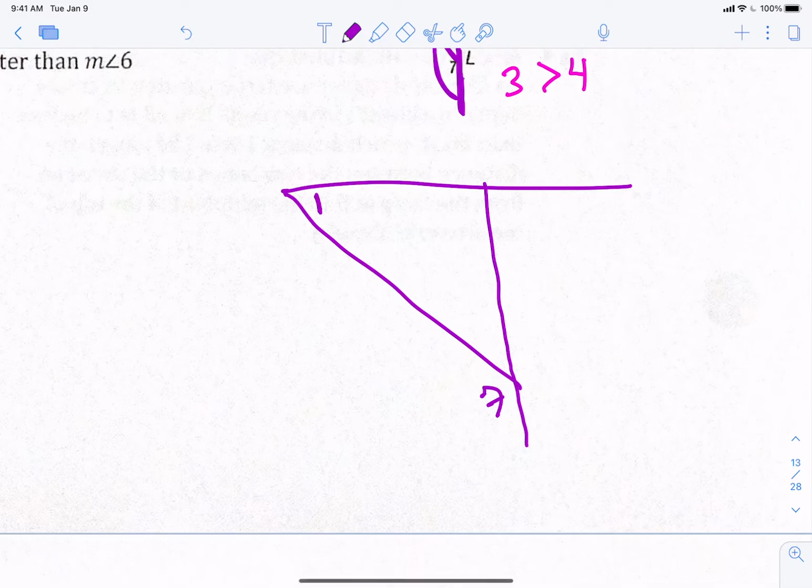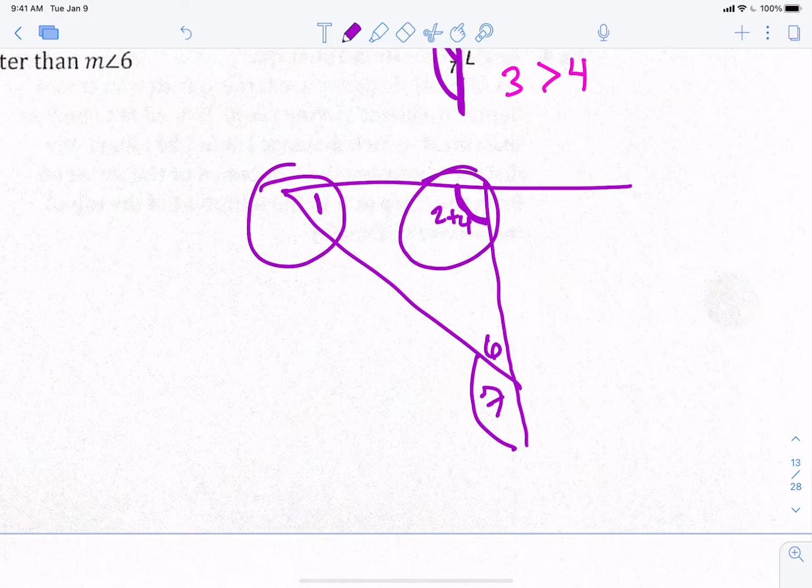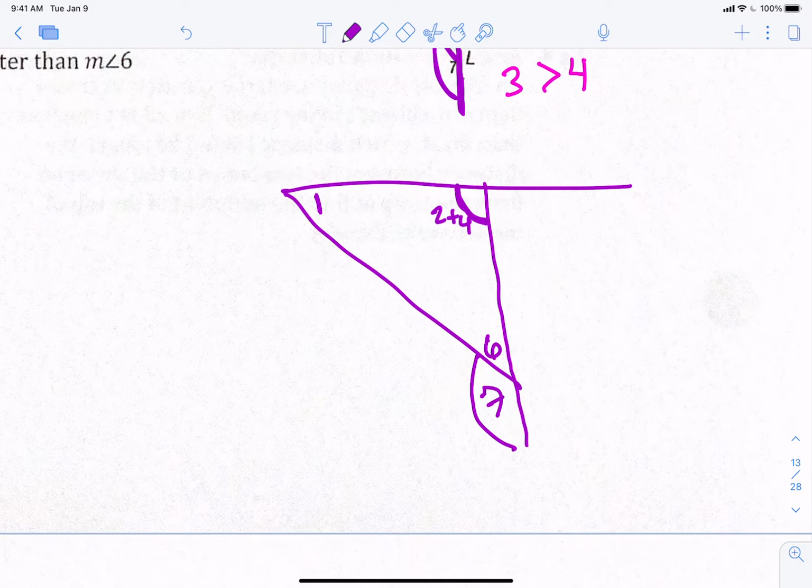This angle is angle 1. This angle is angle 6. What is this angle right here? 2 and 4. So if I want to figure out what angle 7 is, I'm going to add 1 and 2 and 4 together, right?